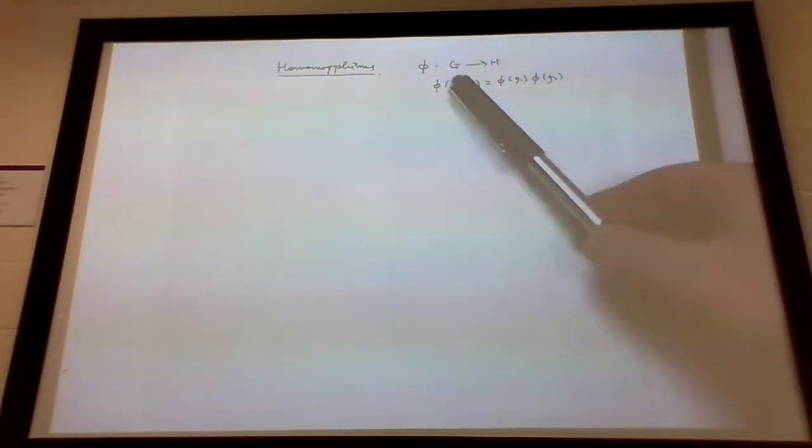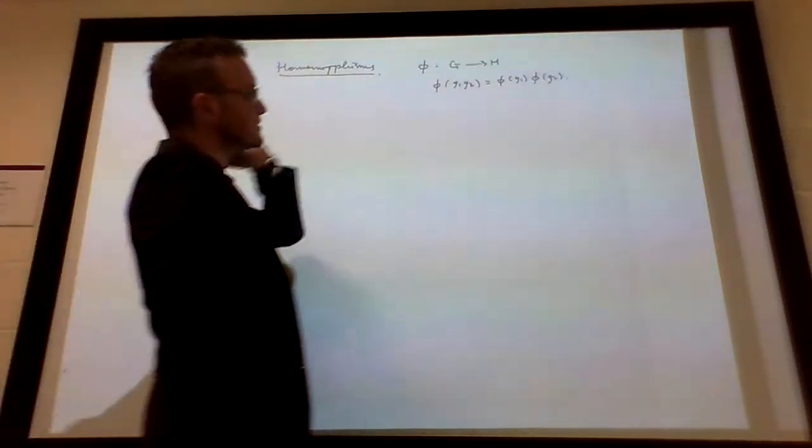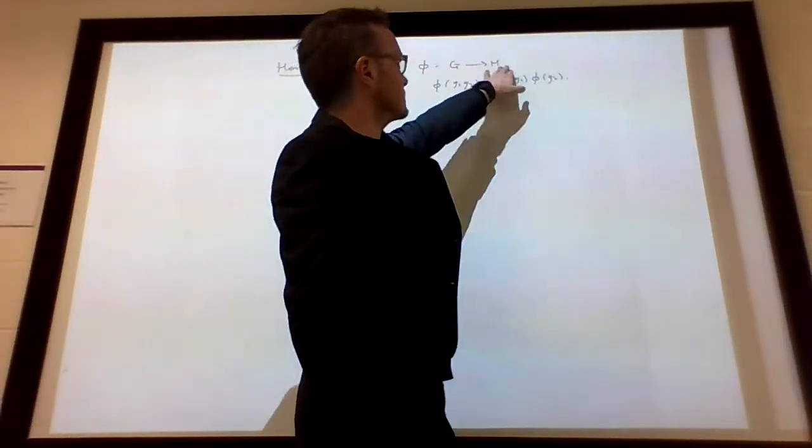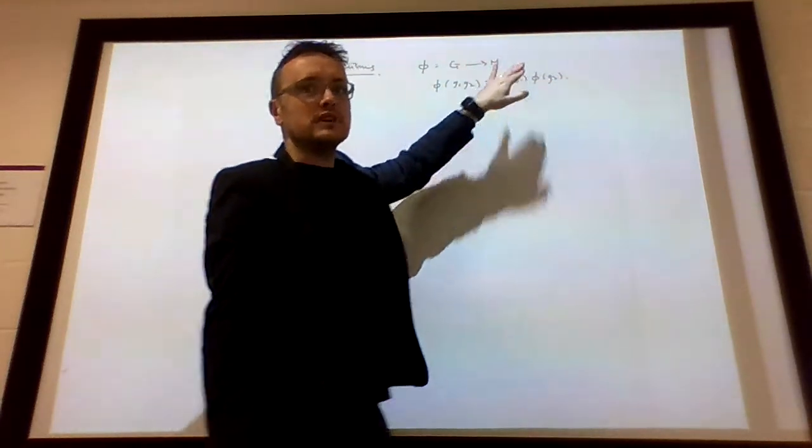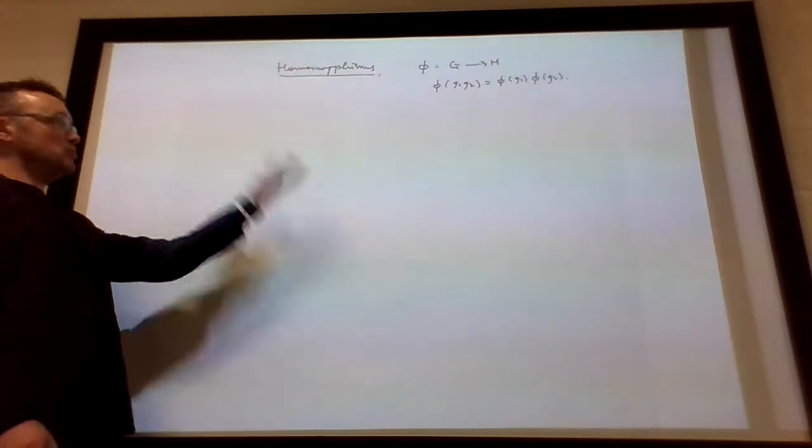So the homomorphisms send subgroups to subgroups. So if you've got a subgroup of G, it gets mapped across as a set into a subset of H, but it is again a subgroup of H over here. And similarly, they pull subgroups back.